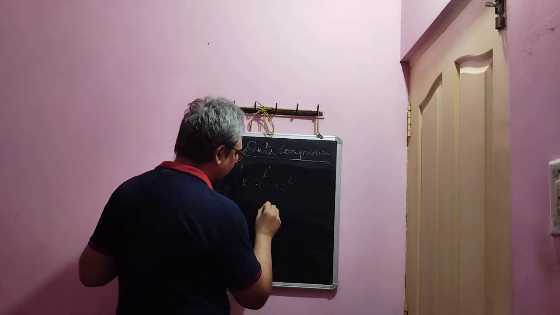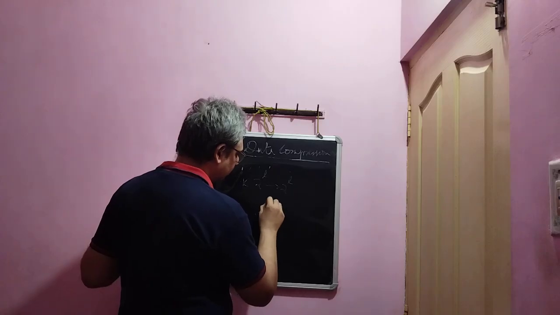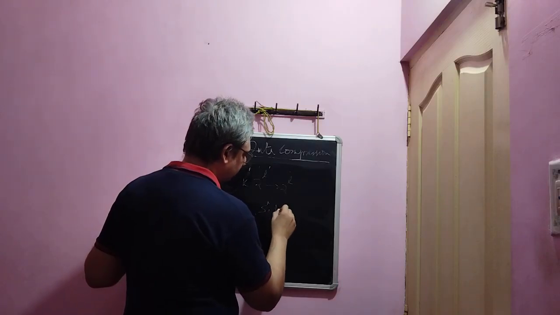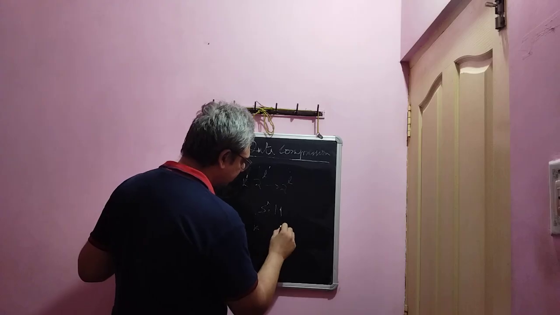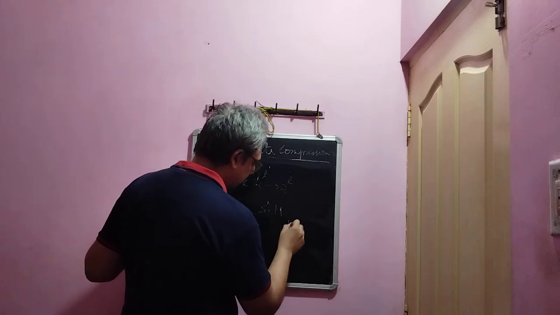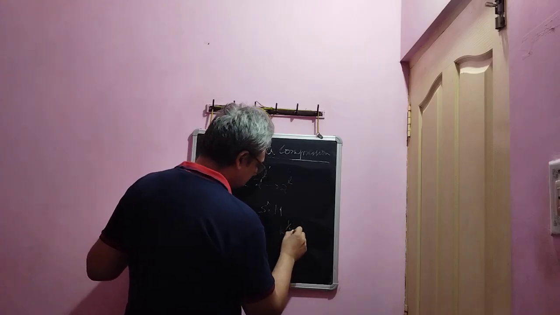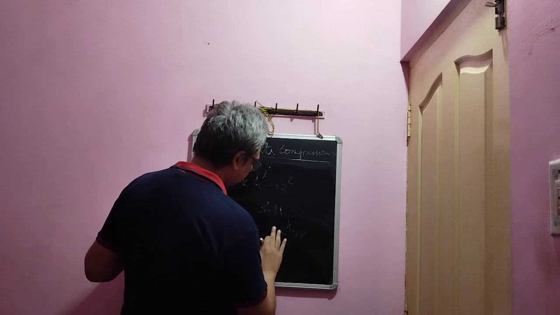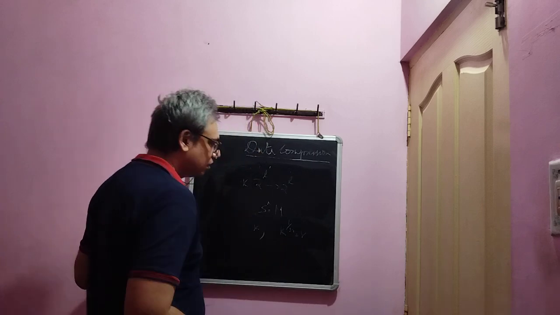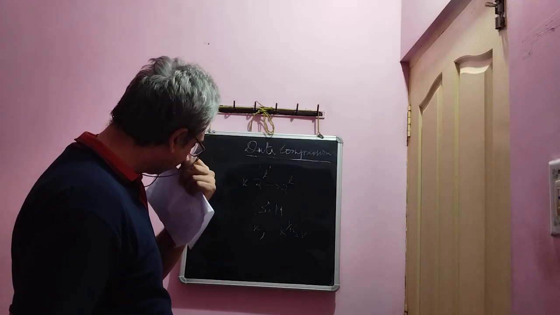If s power n is equal to m, and you have a value k here, you can take this as the value k power 1 by n is equal to v, right? Or v equal to k power 1 by n.